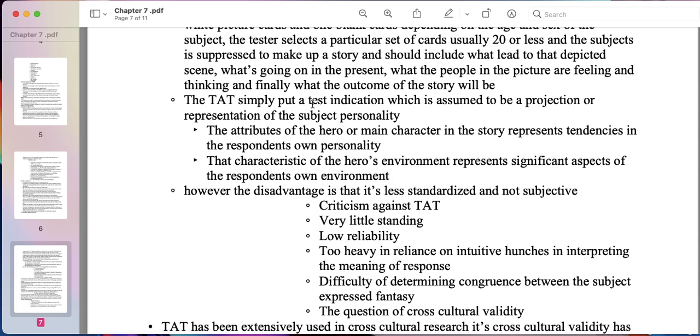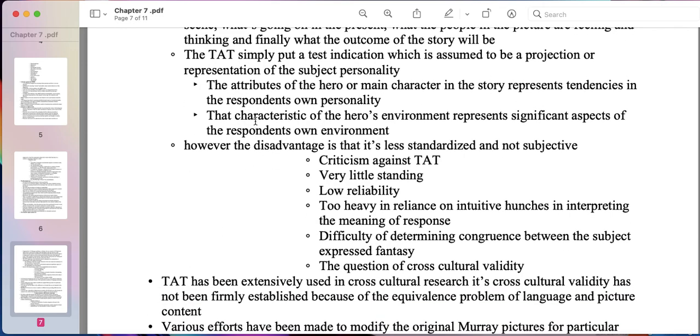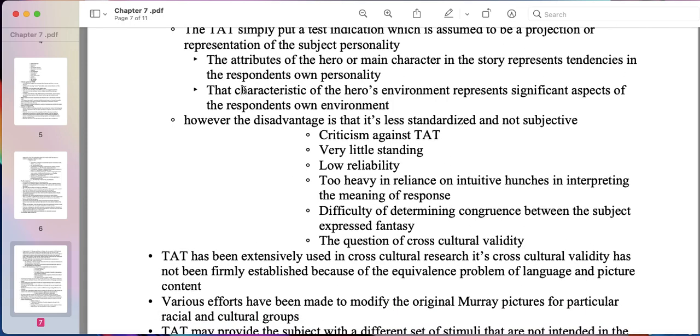The TAT simply puts out a test indication which is assumed to be a projection or representation of the subject's personality. The attributes of the hero or main character in the story represent the tendencies in the respondent's own personality. The characteristics of the hero's environment represent significant aspects of the respondent's own environment.